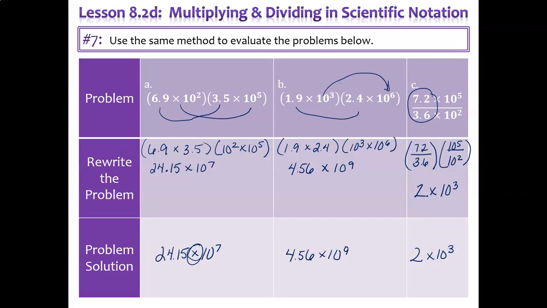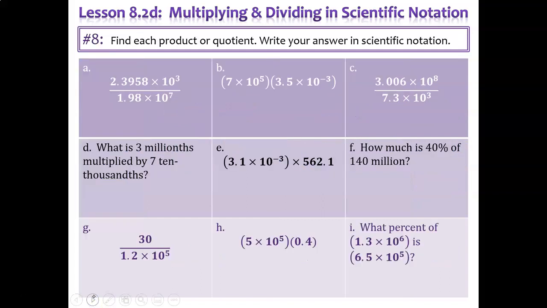All right, let's move on to the next page. We're not going to do all of these. We're going to do just the first 2 rows here. All right. A, you're dividing. So I'm going to divide this.